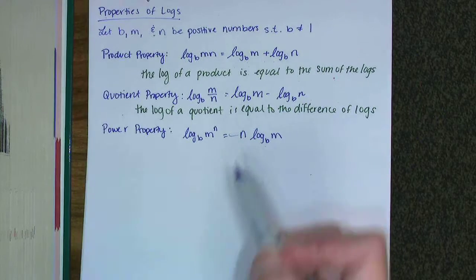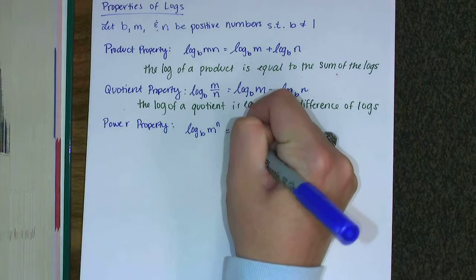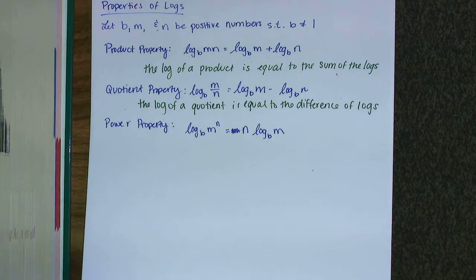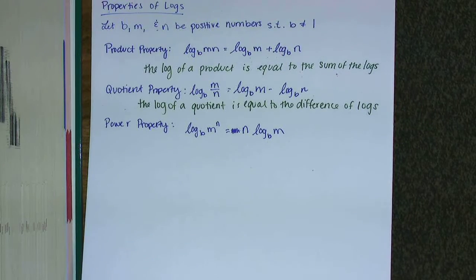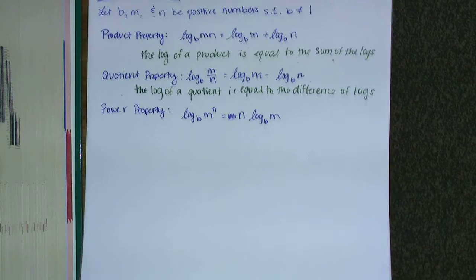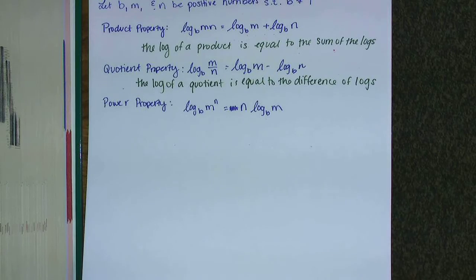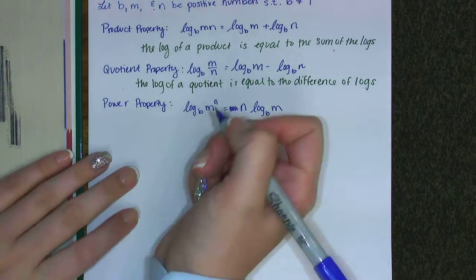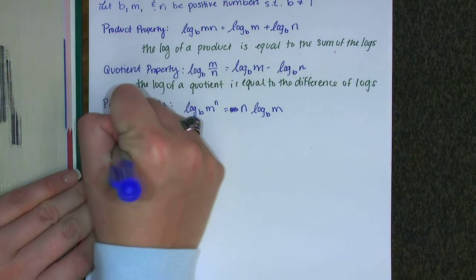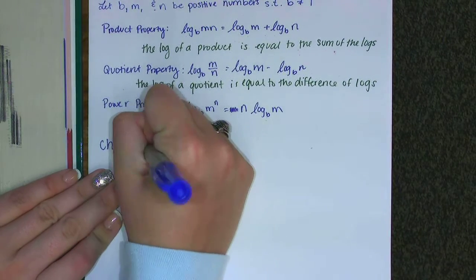That's all we do there. So those are your properties for this section that are important. And there is one other thing. It's the change of base formula that we need to go over. So do that, and then we'll go through some examples.